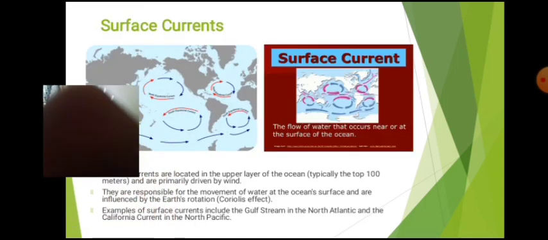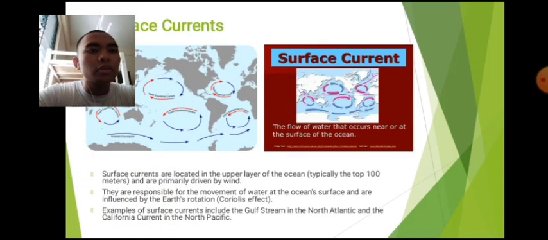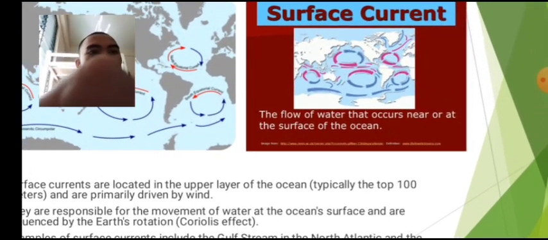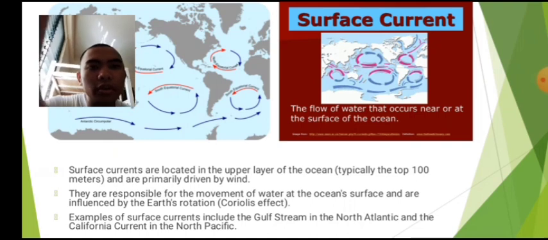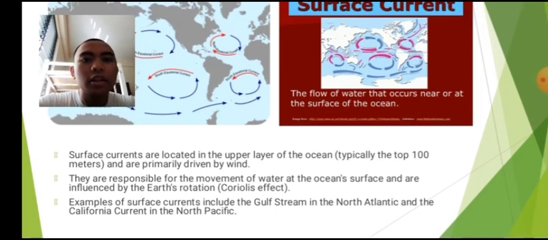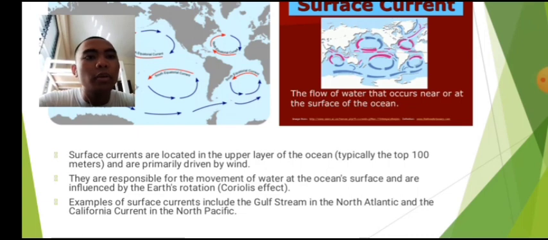Surface currents are the flow of water that occurs near or at the surface of the ocean. Surface currents are located in the upper layer of the ocean, typically the top 100 meters, and are primarily driven by wind.